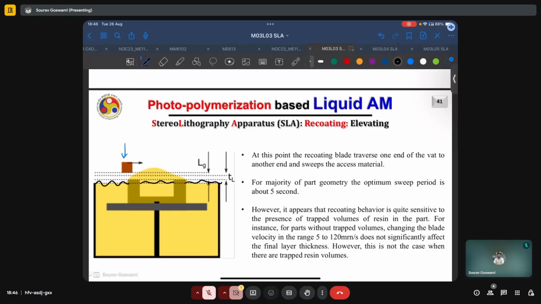And thus, such perturbations would have taken a very long time to settle. It would have led to loss of productivity. Thus, we elevate the part a little above the resin surface so that these surface waves can be avoided and the roller or doctor's blade will interact only with the elevated part of the resin, which is above the printed part. So at this point, the recoating blade traverses one end of the vat to another end and sweeps the excess material.